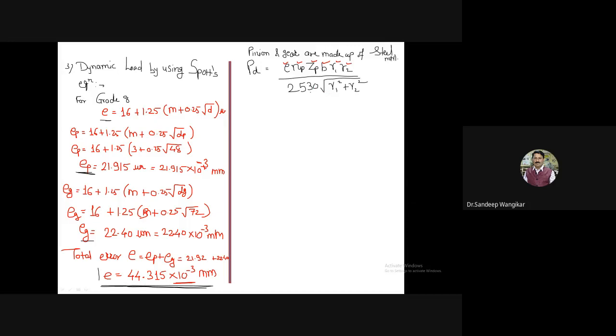Then substituting all the values. So I will now substitute the values. PD is equal to error value. I will put total error as 44.315 into 10 raised to minus 3. NP is 1160. ZP 16. Face width 40. R1 and R2, now values for R1 and R2.